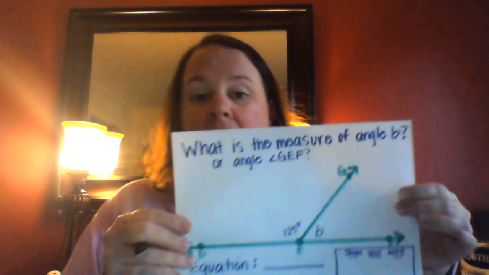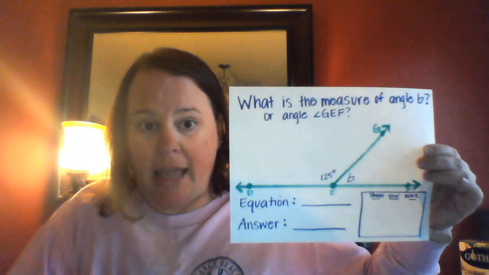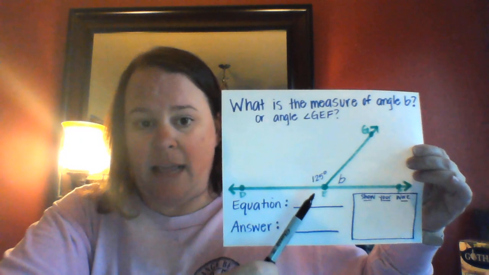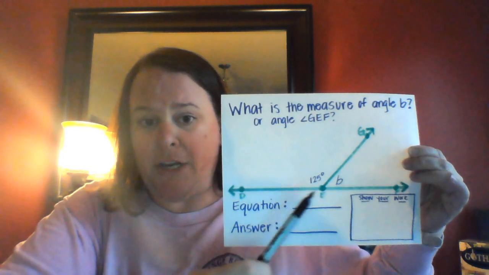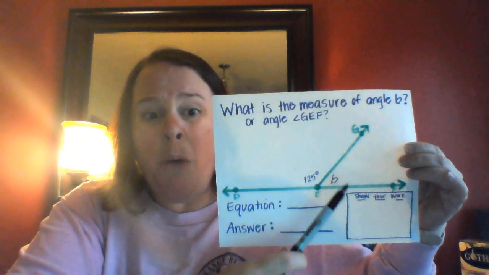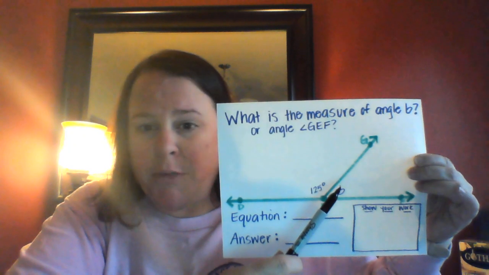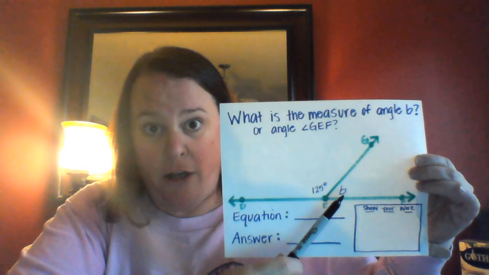Now, this week we're going to be determining the measurement of unknown angles. As you can see here, this is the same angle I just showed you on the previous paper. We have the measurement of our obtuse angle, which is 125 degrees, but we don't know the measurement of our acute angle, and that's what we have to solve.